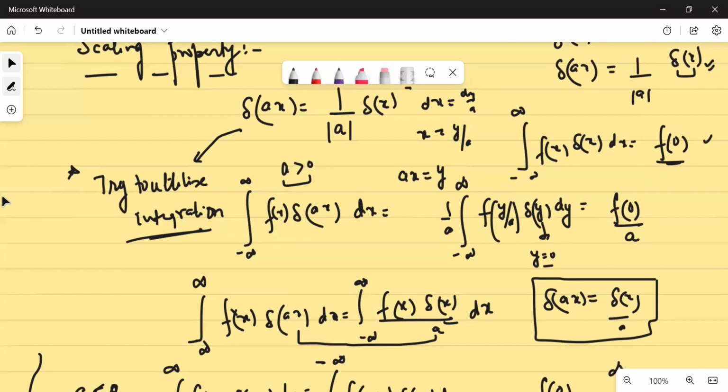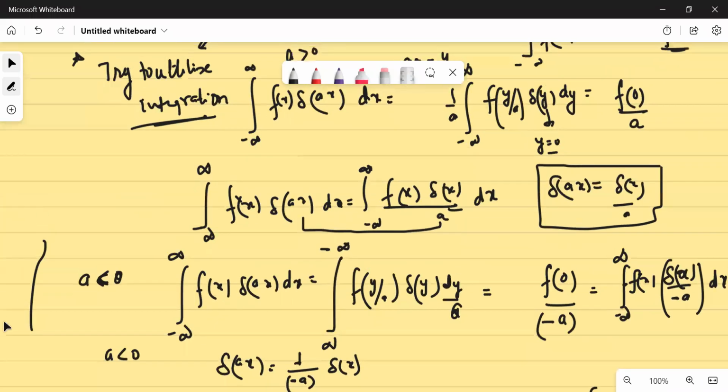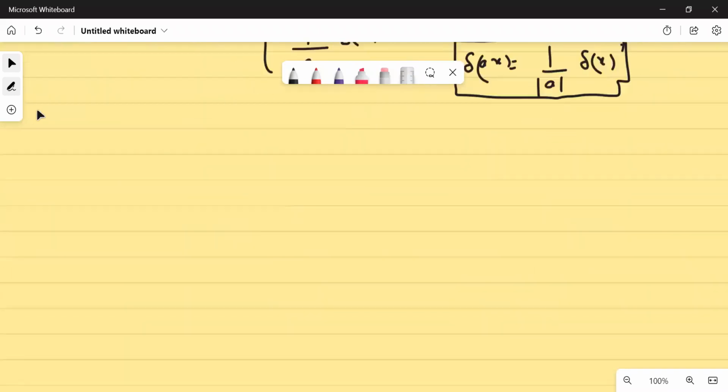Are you getting my point till now? Okay. Now let us come to a point which these days I'm finding quite a many questions are asked around in examinations. This concept says that instead of Dirac of x, I'm replacing it with Dirac of g of x.